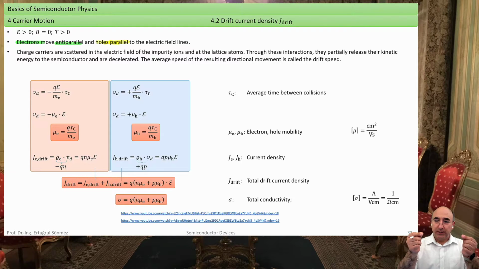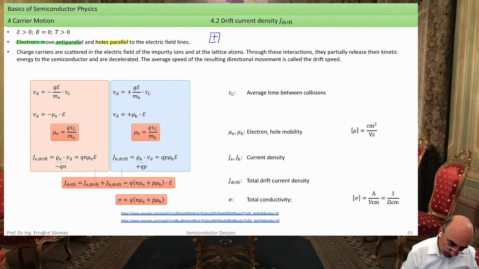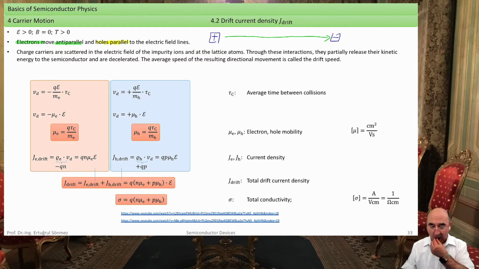From the positive charge to the negative charge. The electric field line vector is pointing from positive to negative. So we place it here, positive, negative, and the electric field lines are this way. Okay?